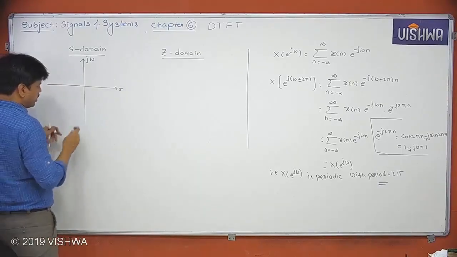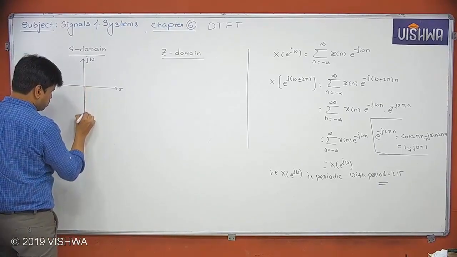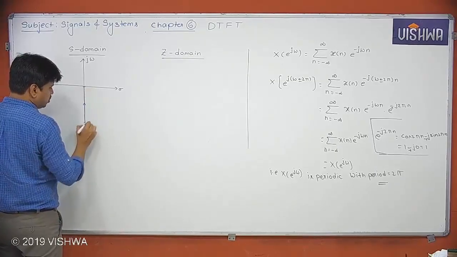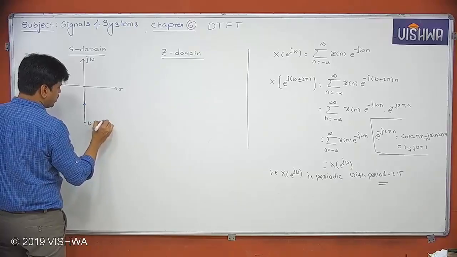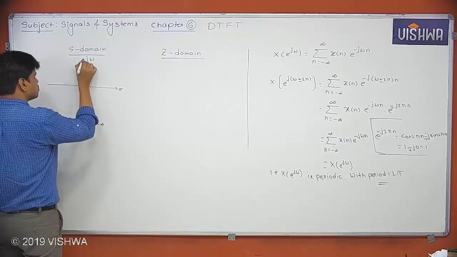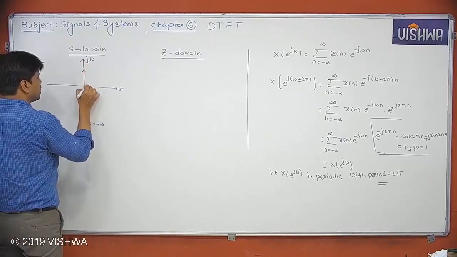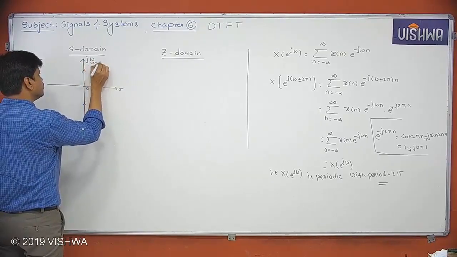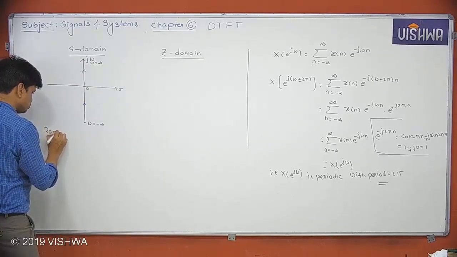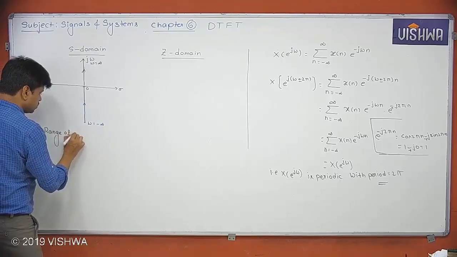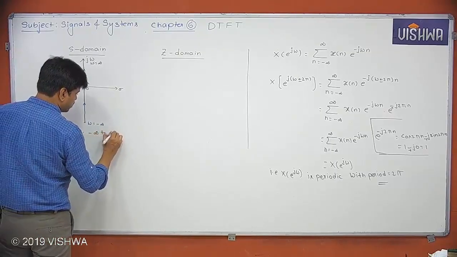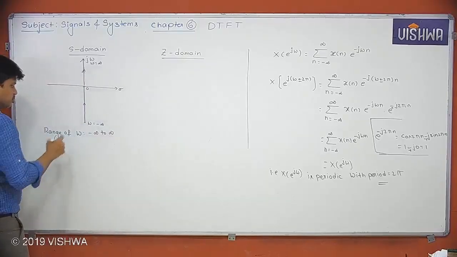Now, if I take this vertical line and go from here to here, omega goes from minus infinity to 0, and from here to here, omega goes from 0 to infinity. So the range of omega is minus infinity to plus infinity.